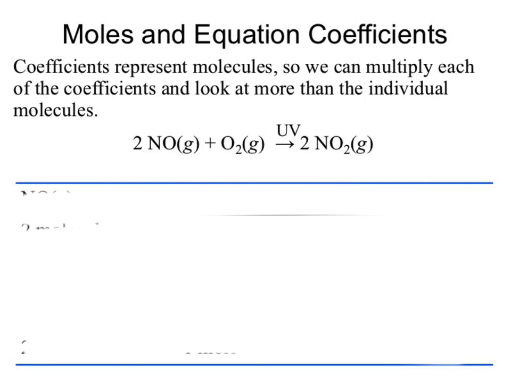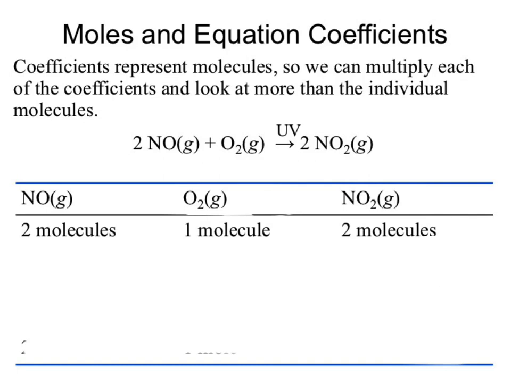So we've included now a measurement unit behind it. That's our molecule unit. That is a valid conversion. So if we look at our table here, 2 molecules of NO will react with 1 molecule of O2 to produce 2 molecules of NO2.